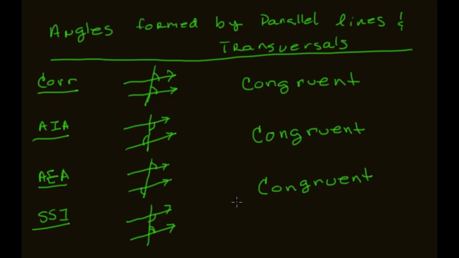Now, the one that is different here are the same side interior angles. And in these, if you look, there's no way that these can be congruent because this one is an acute angle, less than 90. This one's an obtuse angle. But in fact, these are supplementary.